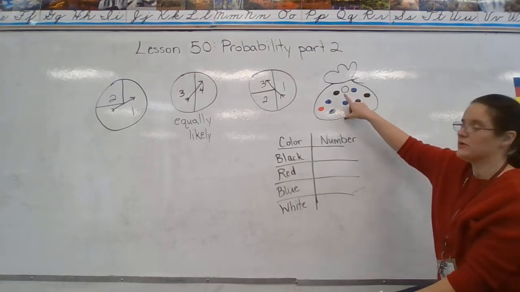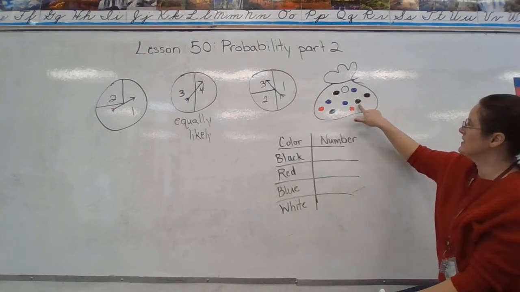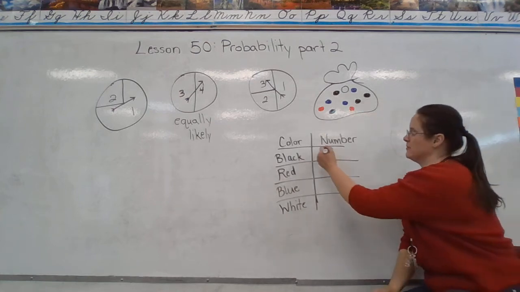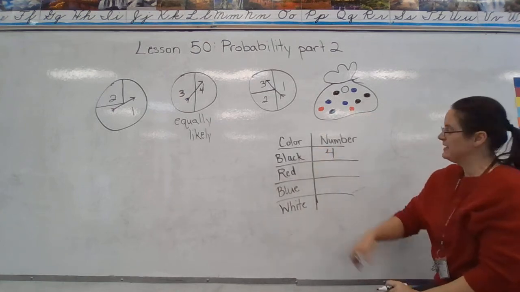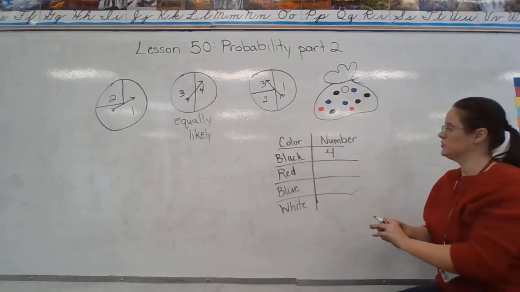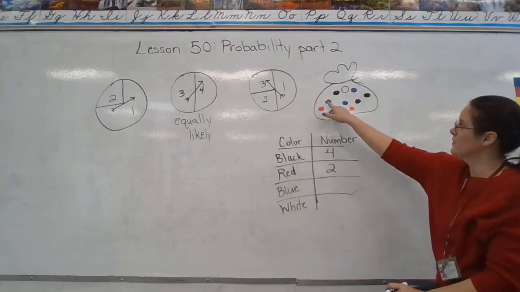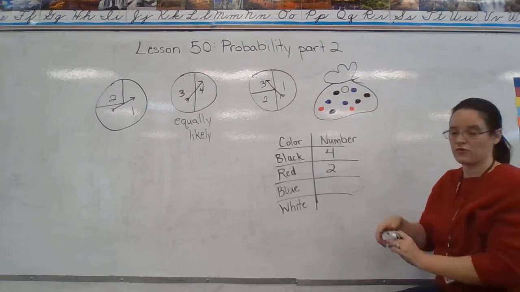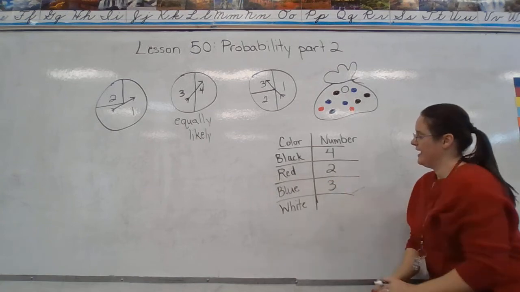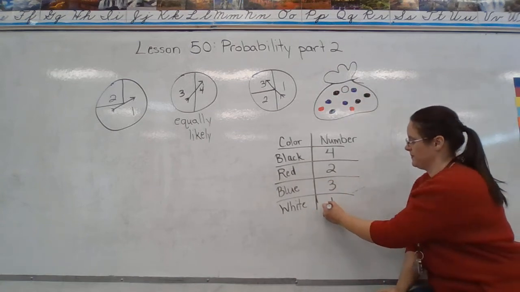If you can't see, I'll point to them. There's 1 black one, 2 black ones, 3, 4 black marbles. How many red marbles do we have? 1, 2. How many blue marbles? 1, 2, 3. And how many white marbles? Just the 1 up there.